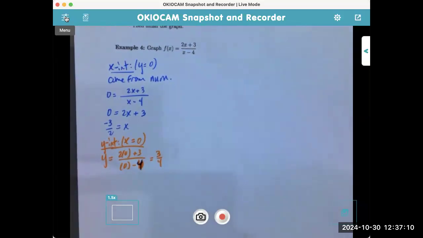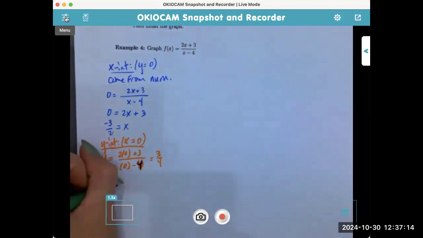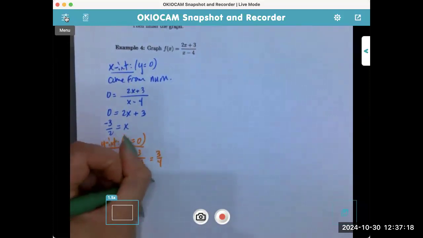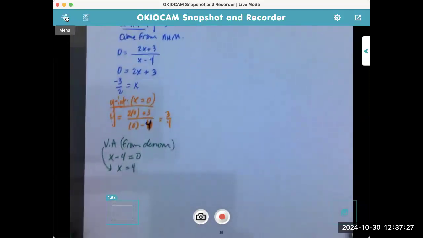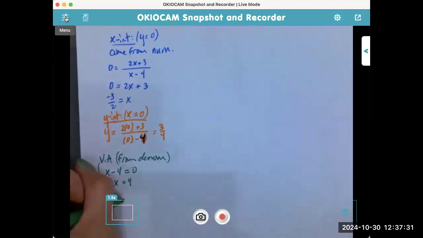So now, if we do the vertical asymptote, remember that comes from the denominator. That's x minus 4 equaling 0, so x equaling 4 is our vertical asymptote. The horizontal asymptote, remember, comes from the ratio of the coefficients.